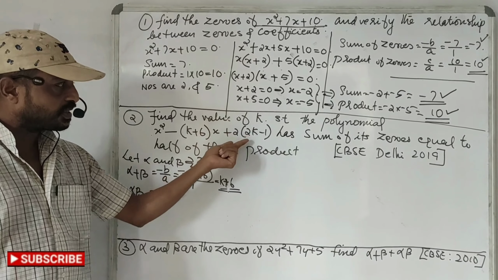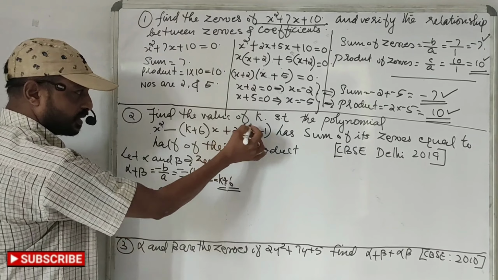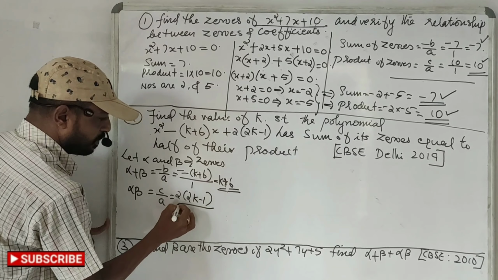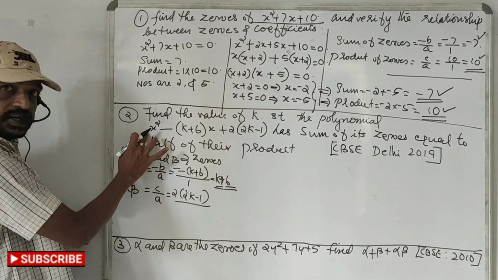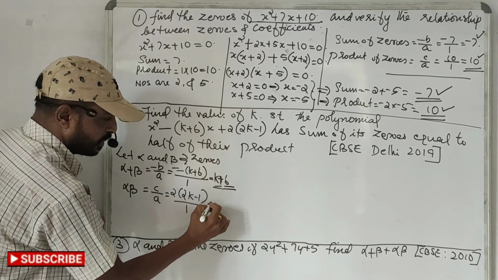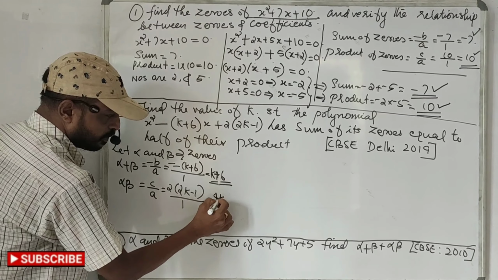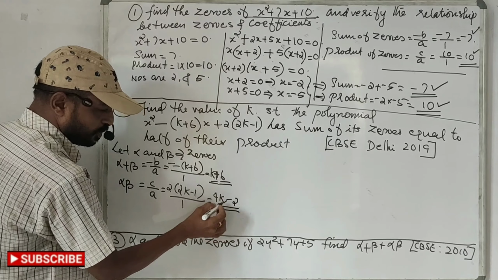That is the value of c. 2 into 2k minus 1 by what is a? A is the coefficient of x square, which is 1. So multiplying 2 into 2k, 4k, minus 2 into 1, 2, 4k minus 2.